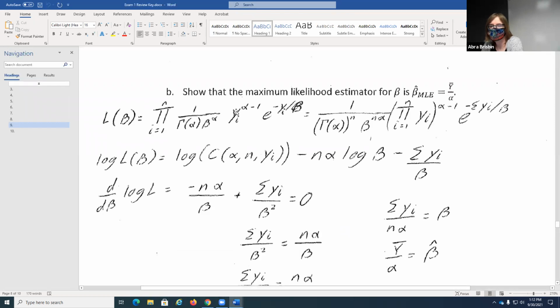So that's what this middle part is doing. We've got the product of the y sub i's to the alpha minus 1, and then we're turning that into the product of the y sub i's quantity to the alpha minus 1.